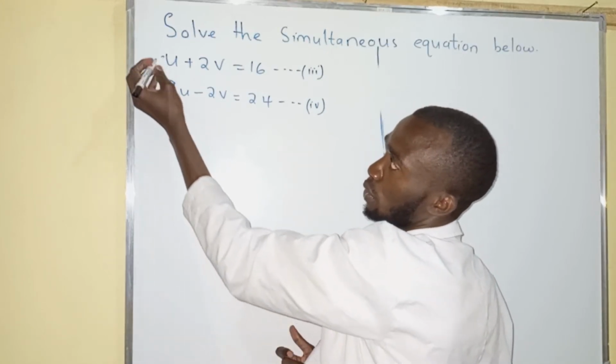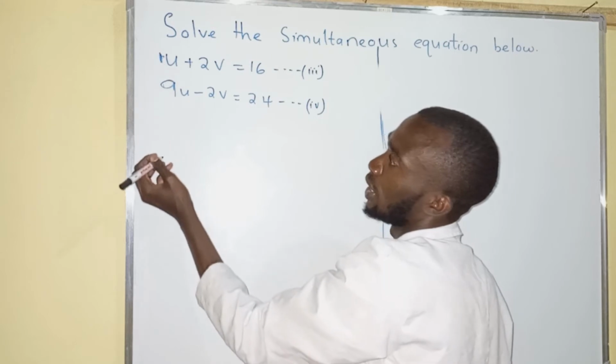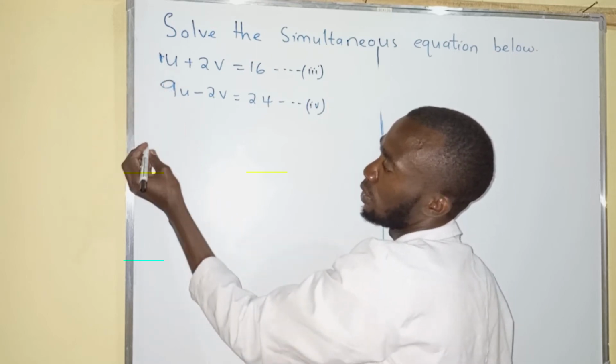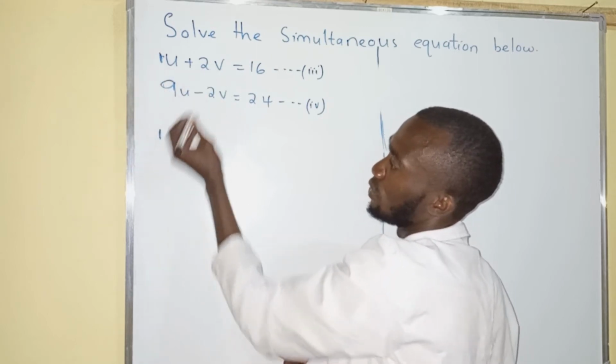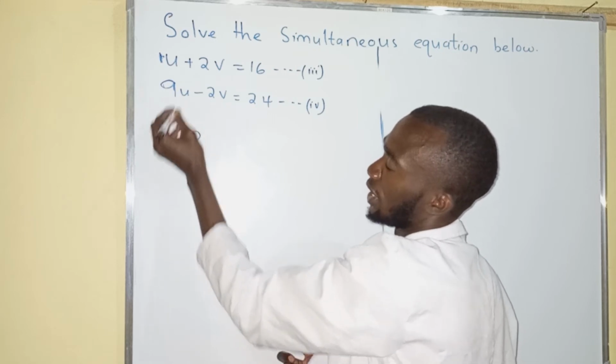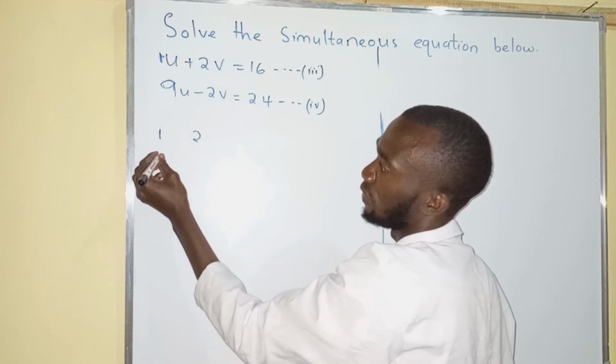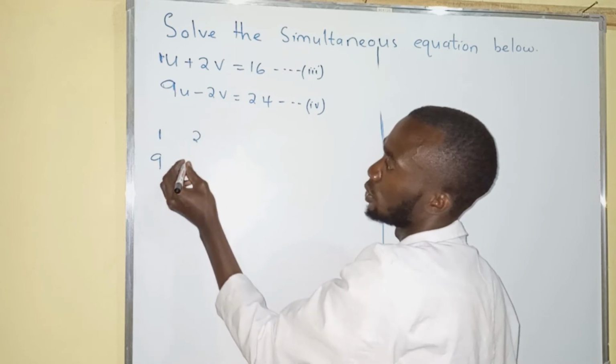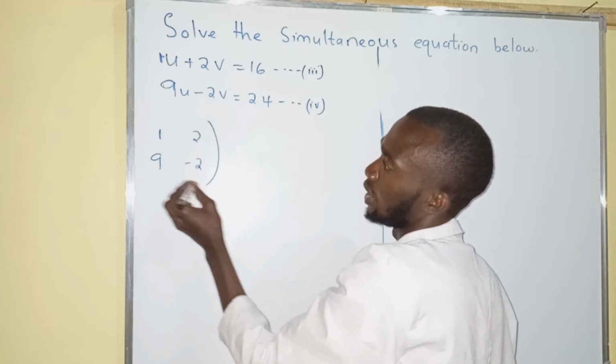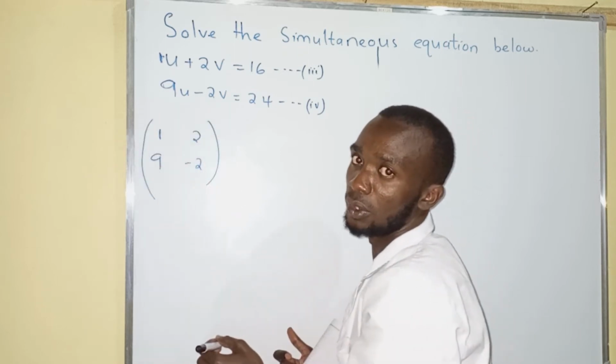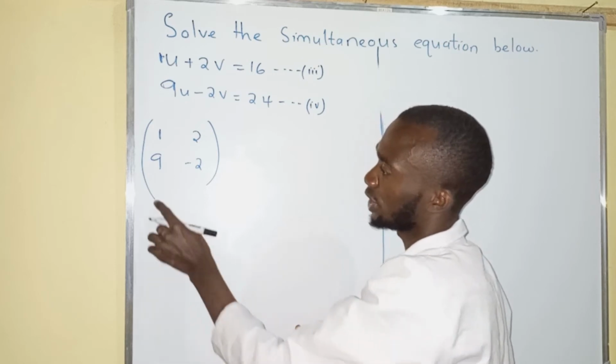So the coefficient of u is 1. Now I take the coefficient of u, 1. Coefficient of v is 2. Again, in the second equation, 9 is the coefficient of u. Negative 2 is the coefficient of v. Then you close using the matrix brackets.